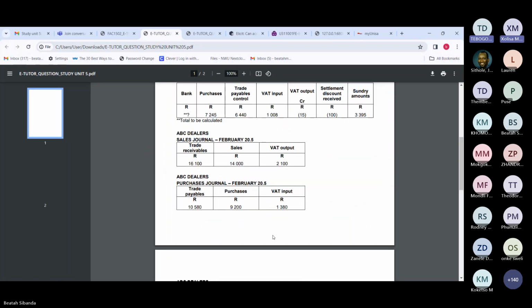So you see that we purchased 10,580, and we split that between purchases of 9,200 and VAT of 1,380, right? So the VAT input that relates to those credit purchases, that is your trade payable control. And then you see that 1,008 that relates to cash purchases. So that one there is related to bank.